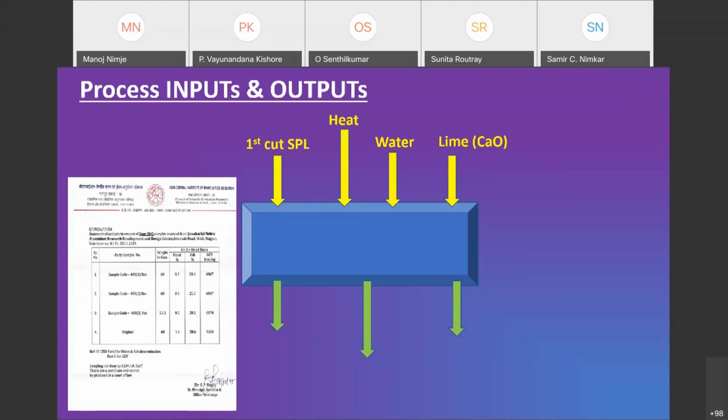The outputs of the process, which are characterized by TCLP and STLC method and gross calorific value analysis, are washed, non-hazardous, and improved gross calorific value carbon. Here I am saying non-hazardous because the leachable cyanide and leachable fluoride present in treated SPL is much below the permissible limit assigned by CPCB.